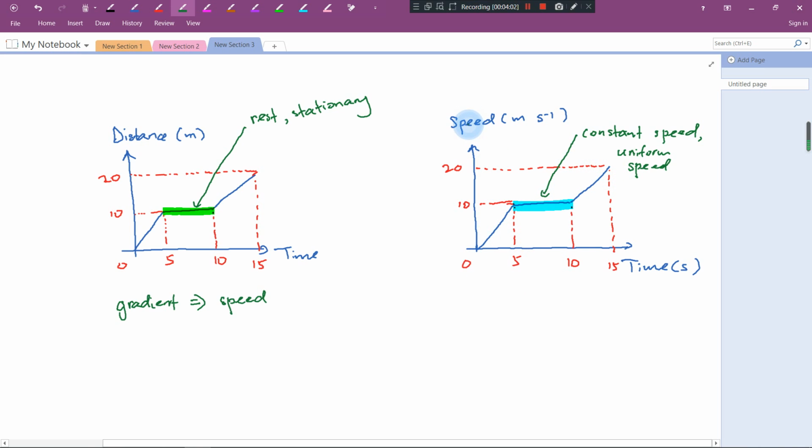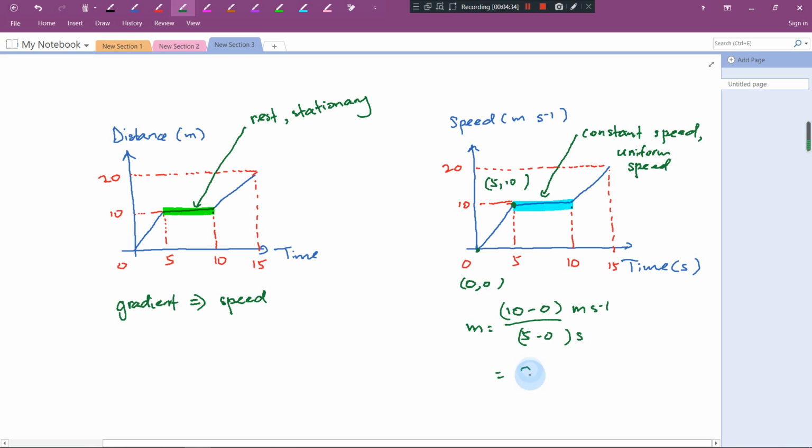Okay, if you have a graph speed against time, when you find the gradient, let's say you want to find the gradient here, this is 5, 10, and this is 0, 0. You find the gradient, you take 10 minus 0, divided by 5 minus 0. So this is meter per second, and this is second.